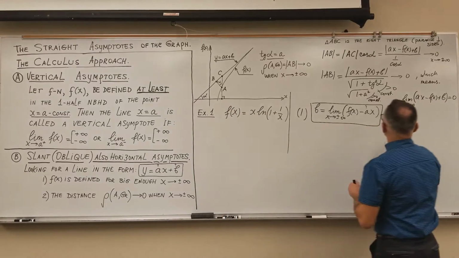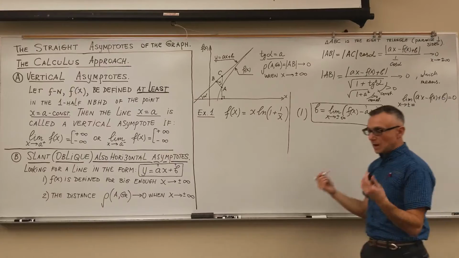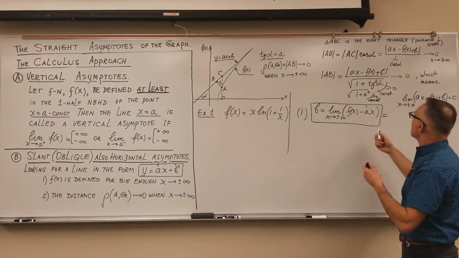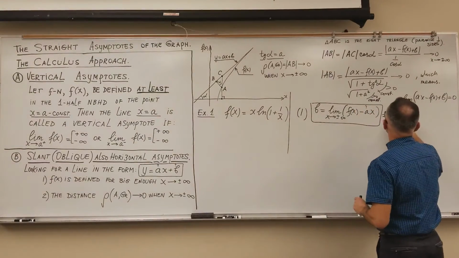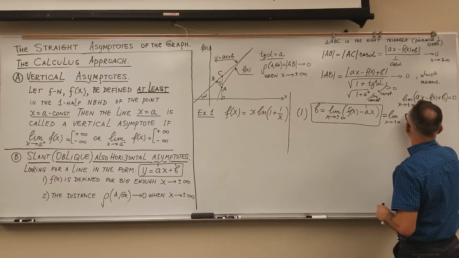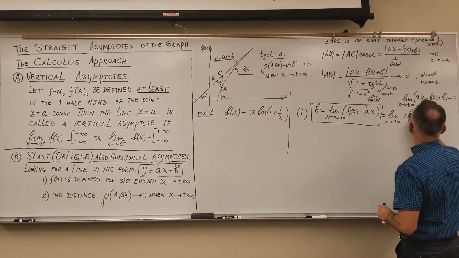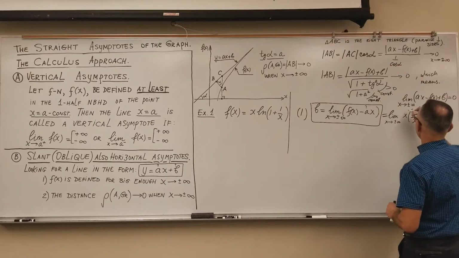Let's look at this formula carefully and try to separate the slope. I'm trying to find the value for the slope. So what if I factor x out? I can just write it as a limit, x goes to either plus or minus infinity, of x times f of x over x minus a.